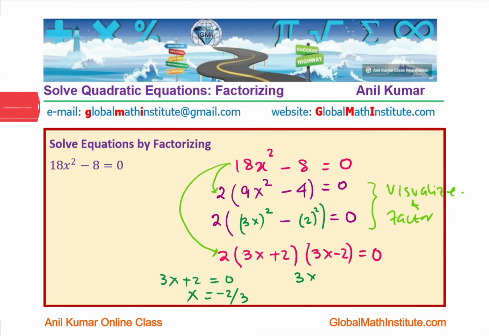And 3x minus 2 equals to 0 gives you x equals to, take 2 that side, divide by 3. Correct? So we have two solutions. Let me write down here the answers. So this could be written as x is equal to plus and minus 2 by 3.